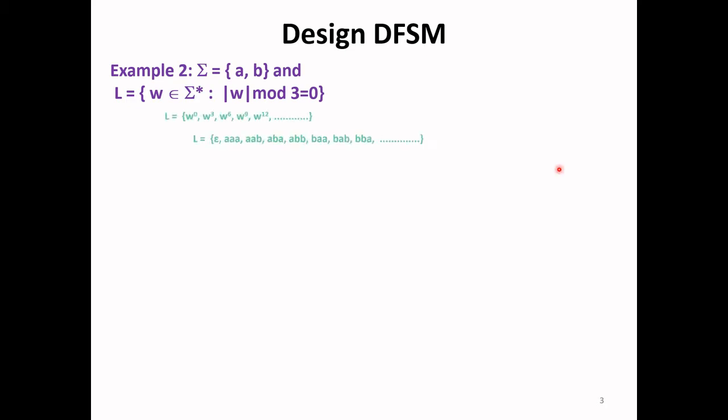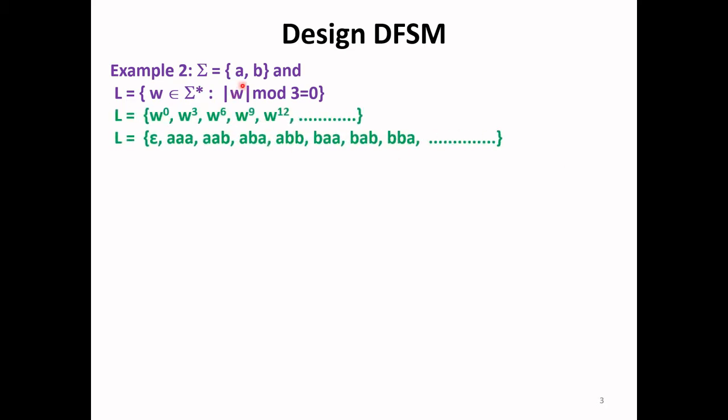Now the same language asked for two symbols. In the previous example we saw it for a. Now if it is for a and b, then whatever the string, a combination of a's and b's, its length mod 3 must be equal to 0.